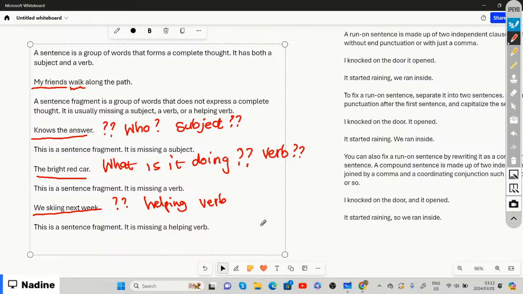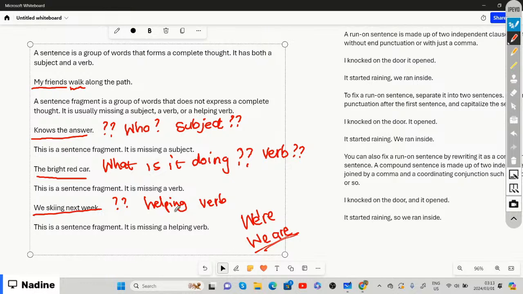Because we can't just say we skiing. The sentence doesn't sound right. So it's we are skiing. And this is a sentence fragment because it is missing a helping verb.